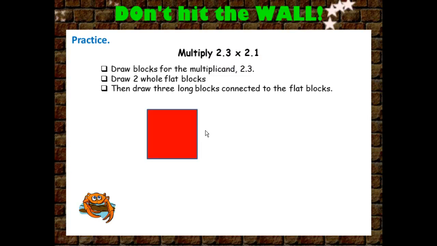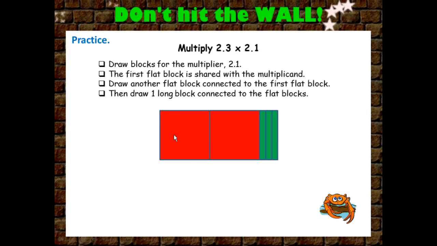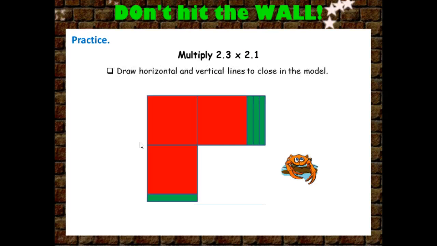So draw your 2 blocks of wholes, and then your 3/10. And then remember, this block is going to be shared. And then you're going to do your 2 wholes and 1/10. Then fill in all the empty spaces and make the rectangle complete.